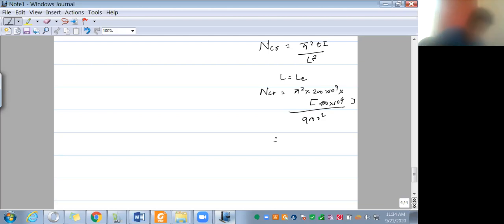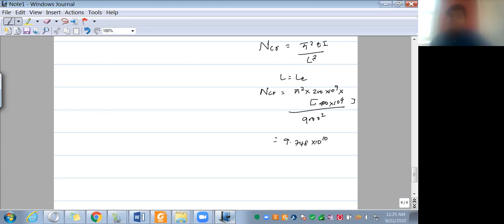So pi squared is 9.748 into 10 to the 10.